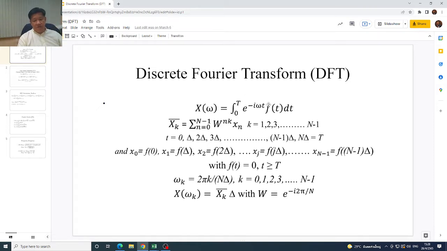But this one we're going to study a different definition. We actually call it Fourier Transform first, but once you try to discretize it, it becomes what we call the Discrete Fourier Transform.